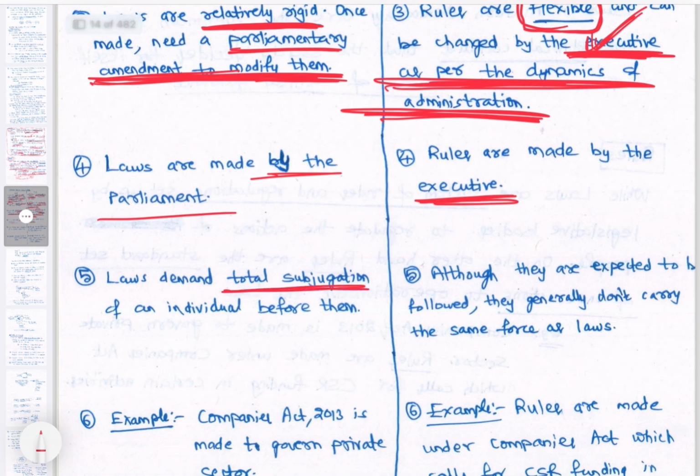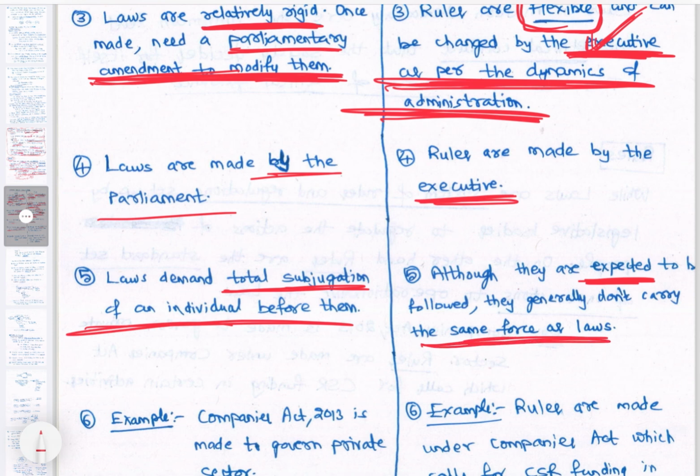Then laws demand total subjugation of an individual before them. Although rules are expected to be followed, they generally do not carry the same force of law. So if you violate a law, you will be punished. With rules, you may be punished or some leniency may be there.